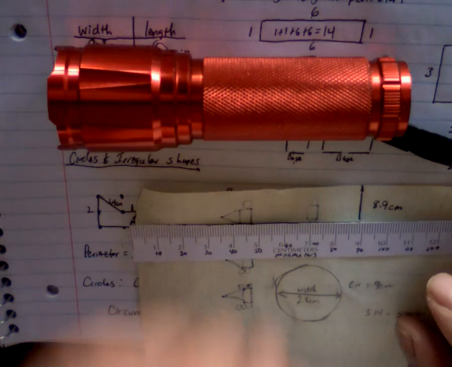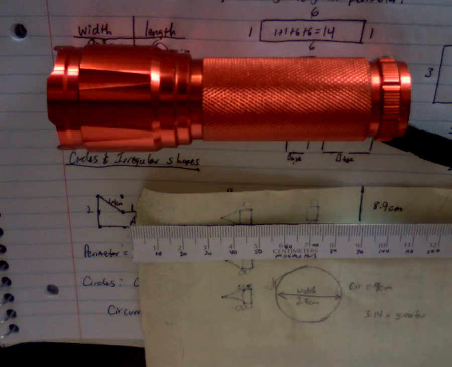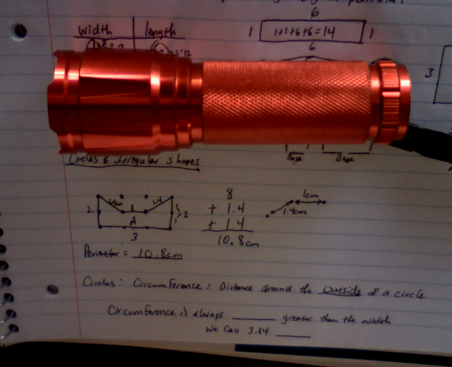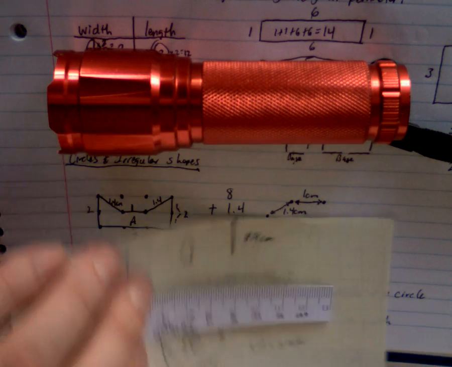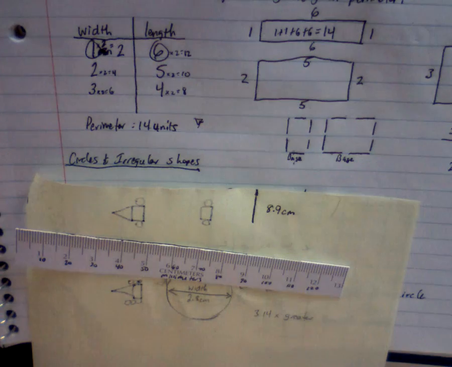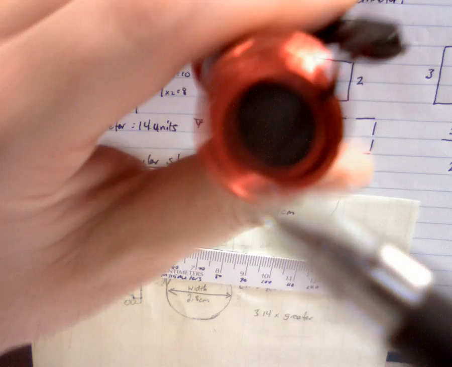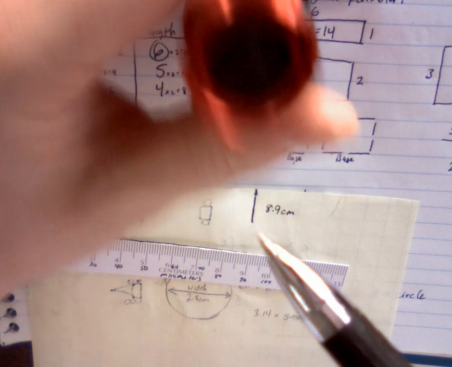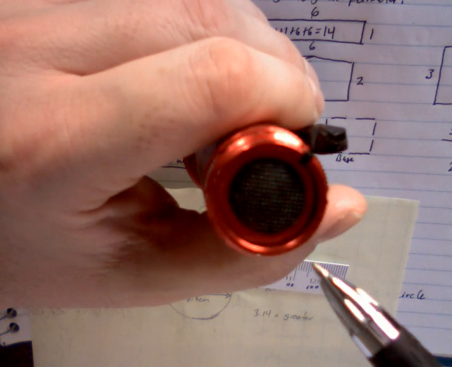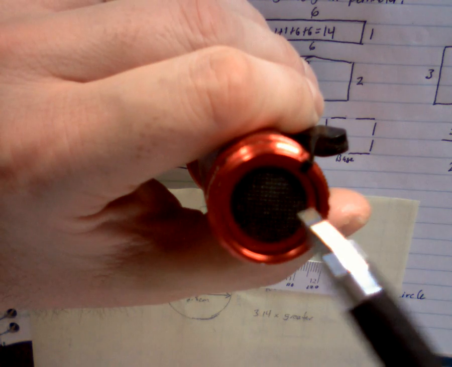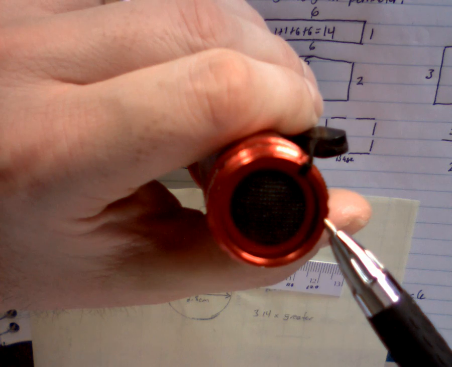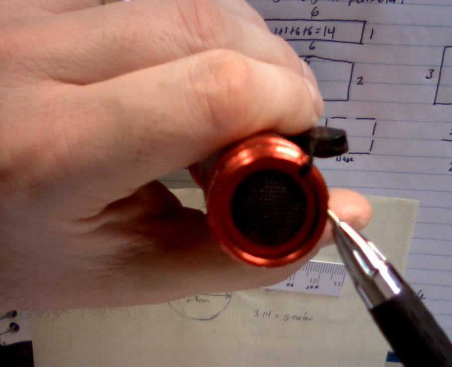Now, what you're also going to notice is that there is a width. Okay? So the width is basically when you take a circle, and what you're going to do for width is measure from side to side. Okay, so from here over to here.